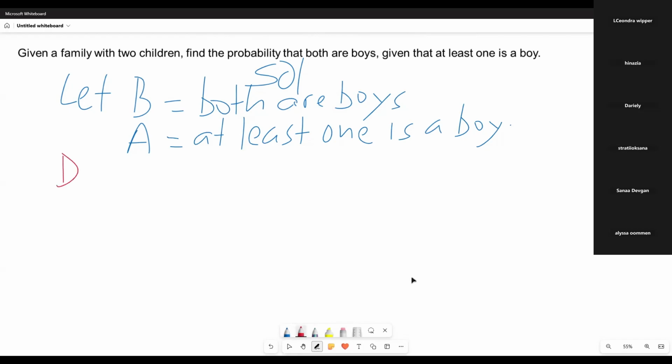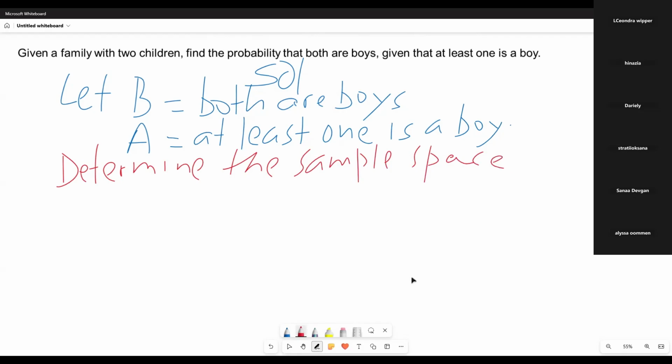Determine the sample space. Okay. Let's say here, when you talk about children, it can be girl or boy, right?